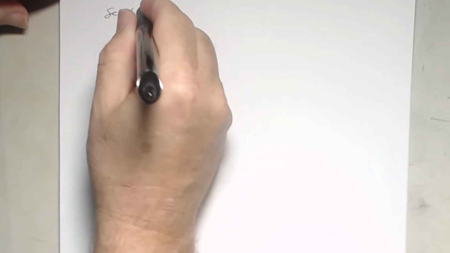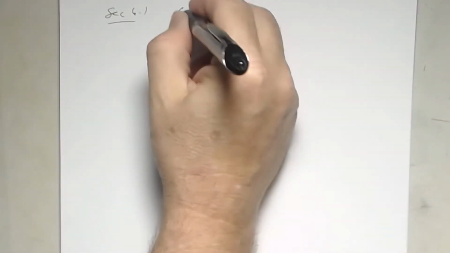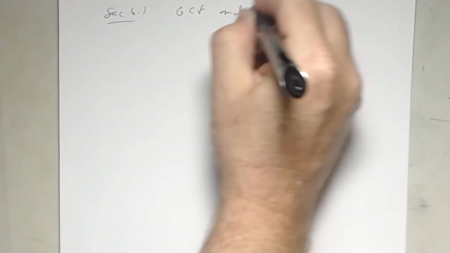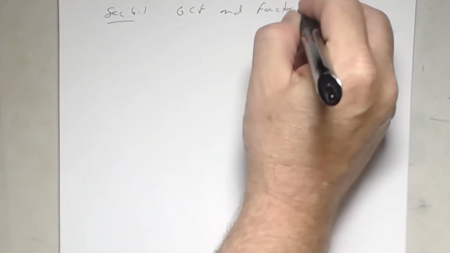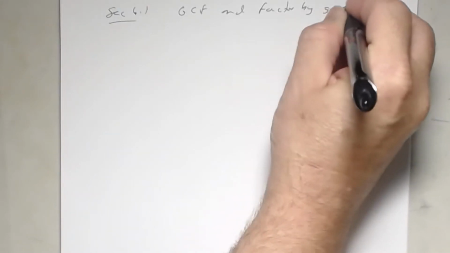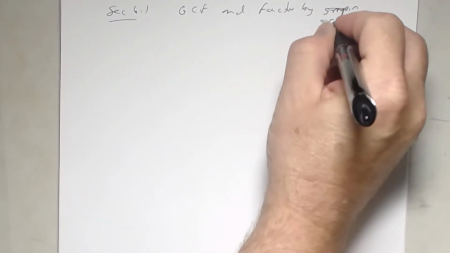So section 6.1, the title is greatest common factor. We talked about the letters GCF. The GCF, so greatest common factor, and factoring by grouping. Okay, that's grouping. It's not a difficult section.